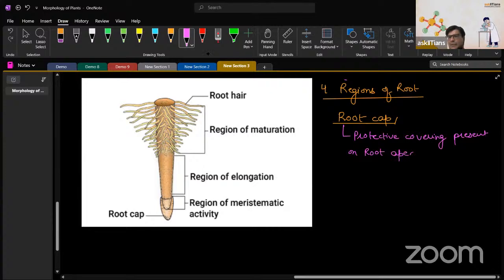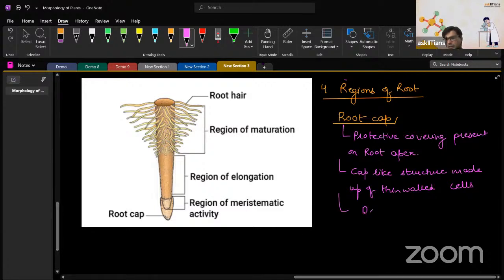Again, apex basically means tip, guys. As you can see, this is the root and this is the tip of the root. The tip of the root is covered by this cap, a cap-like structure made up of thin walled cells. Basically, they are dead cells, and they protect the next region that we're going to discuss.